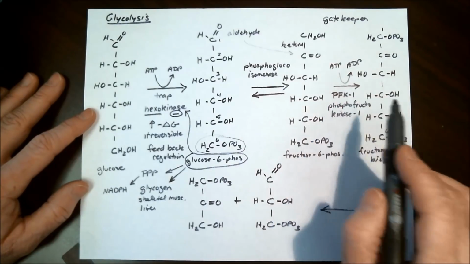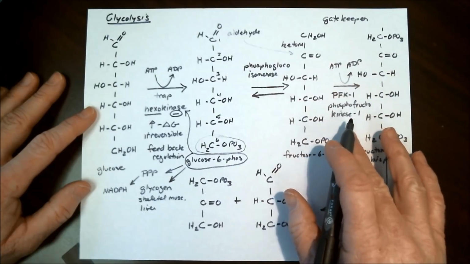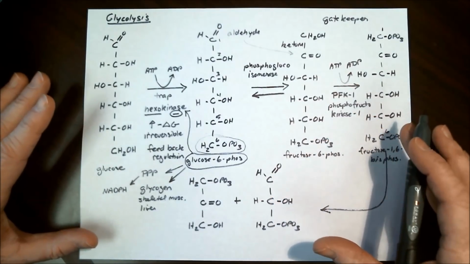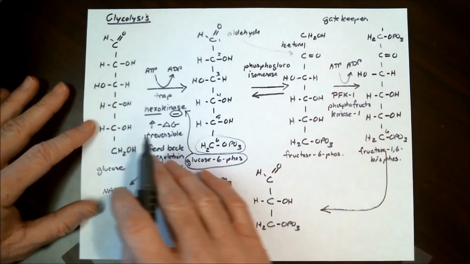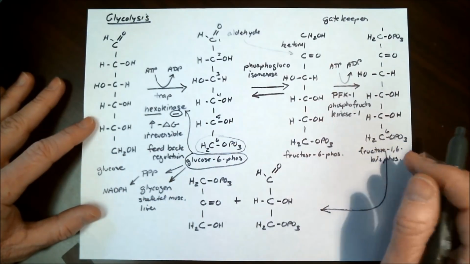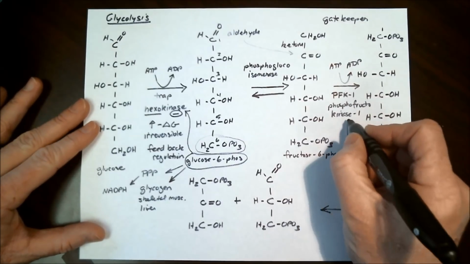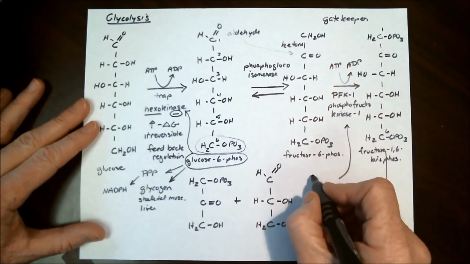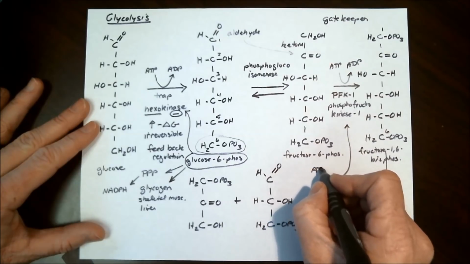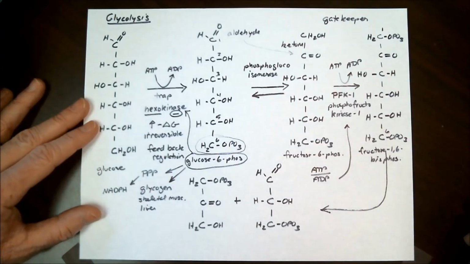So how is PFK1 regulated? The regulation of this enzyme in most cells, especially in the liver, is very, very complex. But suffice it to say, initially, we're going to talk about intra-pathway regulation, which is simply the regulation of glycolysis based on the products that are being made. And this enzyme, PFK1, is regulated by essentially ATP to ADP ratios.